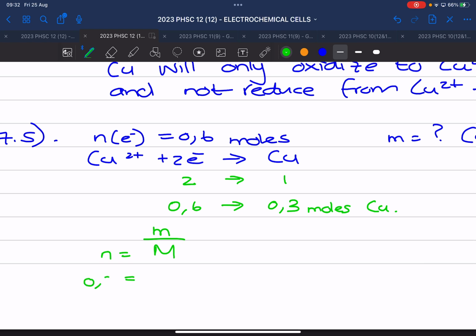The mole is 0.3. We want the mass. And the molar mass of copper is, I think, 63.5. That gives 19.05 grams.